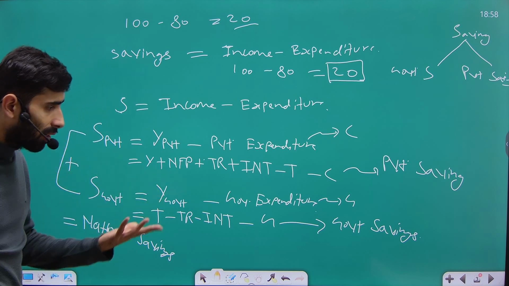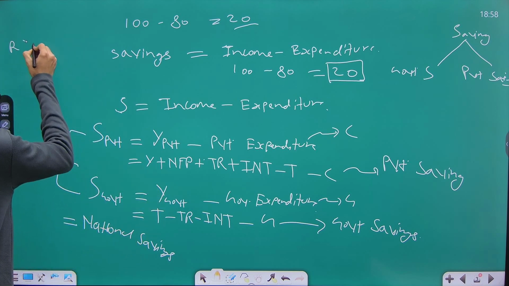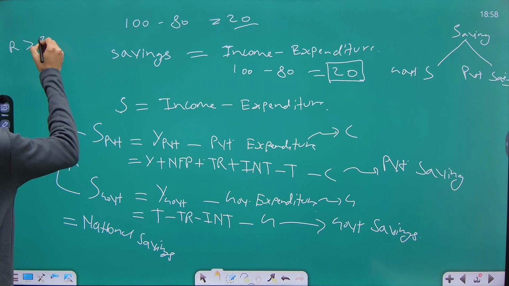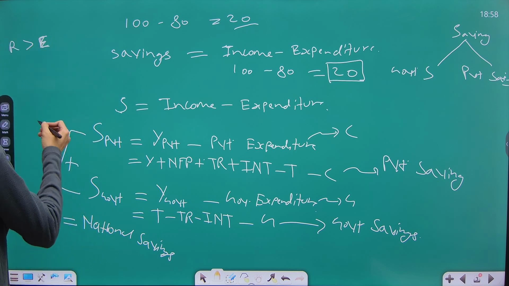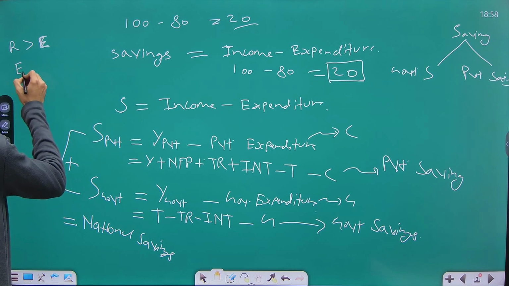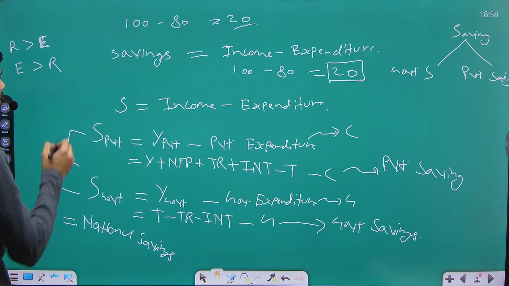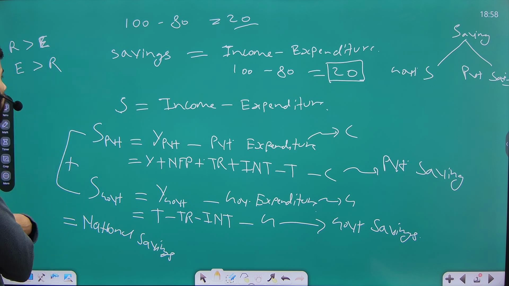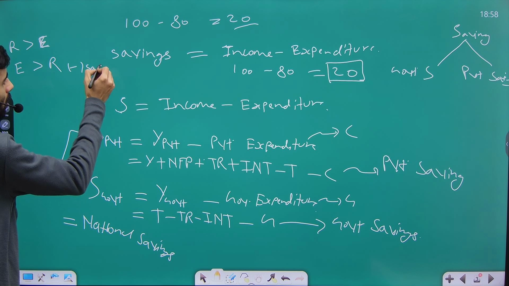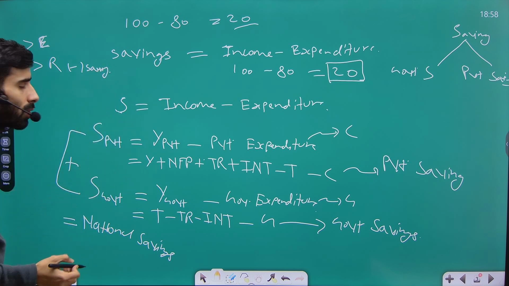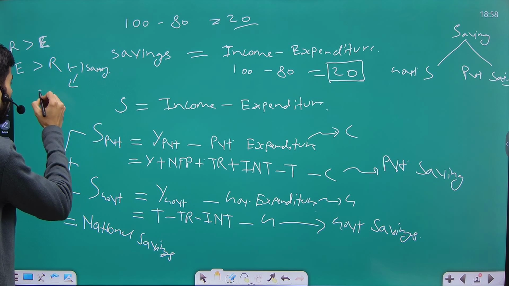When will government save? When the receipt of government is more than its expenditure. But generally we observe the opposite happens. That is, in real life or in the current scenario, the expenditure of government is more than receipt. So it means government is doing negative savings. In other words, we know it as government deficit or budget deficit.